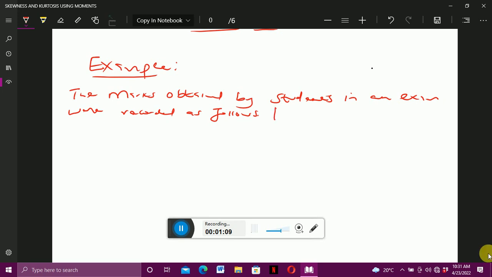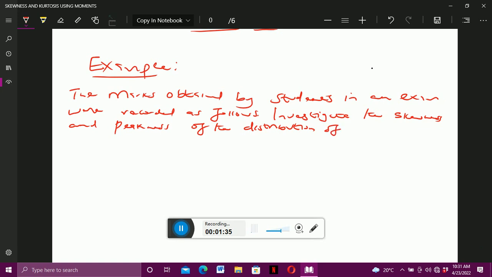So investigate the skewness and peakedness of the distribution of marks.